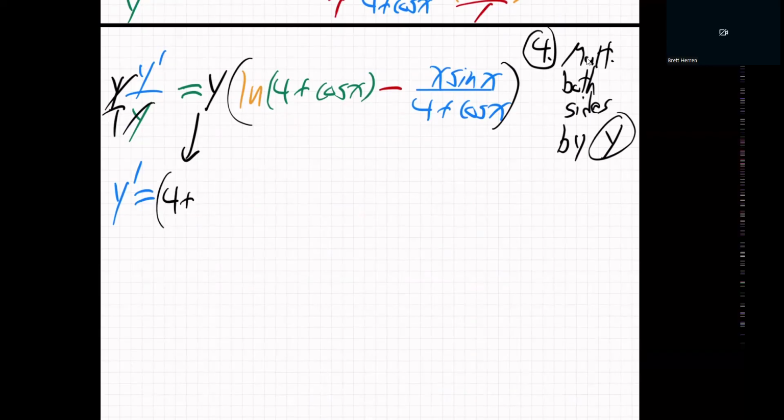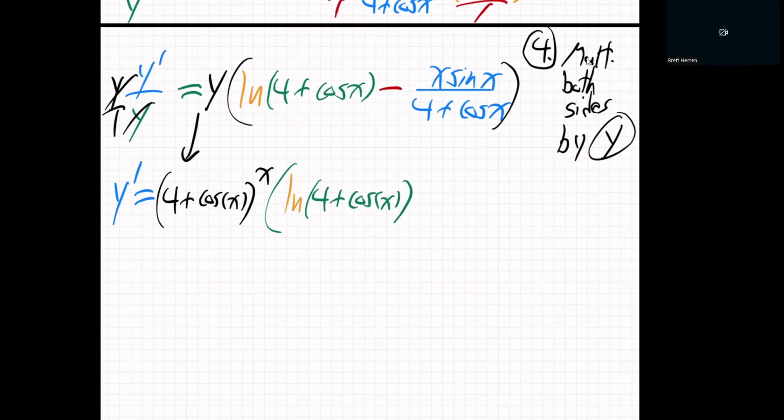So 4 plus cosine x to the x, and then everything else, which is going to be the natural log of 4 plus cosine x, minus x sine x over 4 plus cosine x.